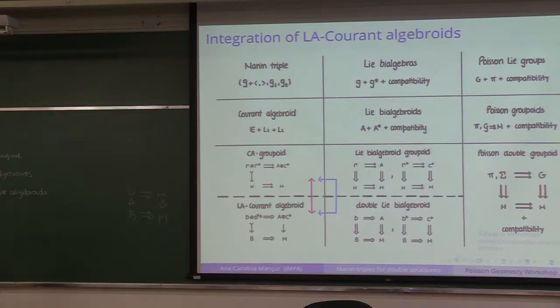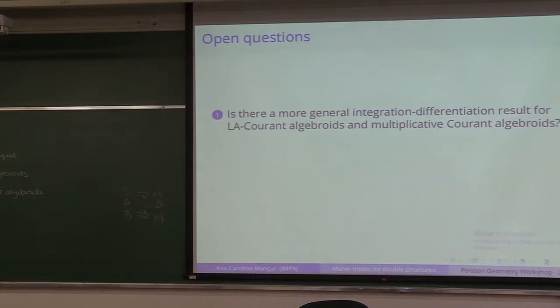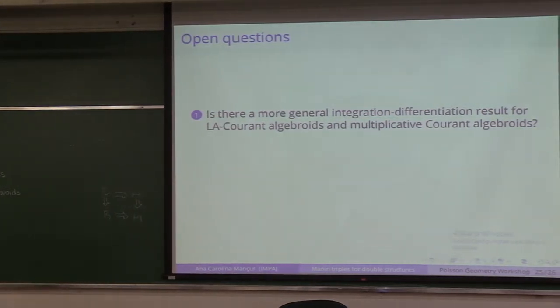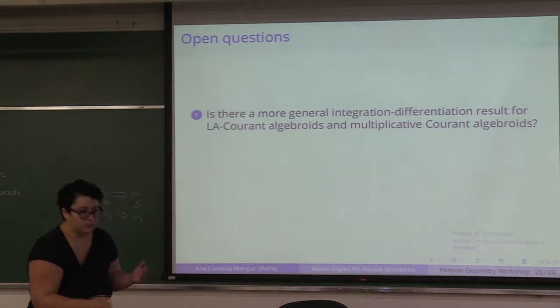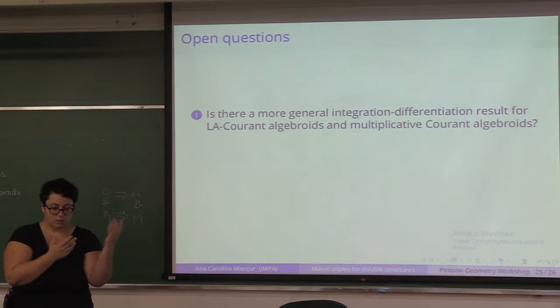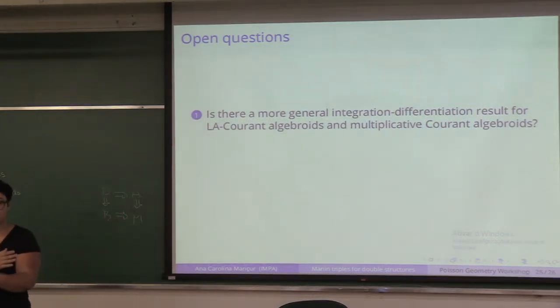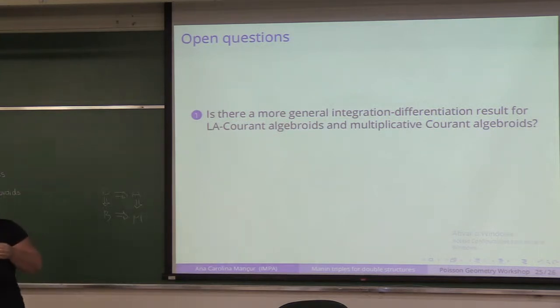And if you differentiate a Courant groupoid you get a Courant algebroid, and this is an open question that I want to think about. But there is a question in the middle of this thing, because we have this result when we have a Courant algebra with two transversal Dirac structures. And what if we have a Dirac structure and the complement is not Dirac?